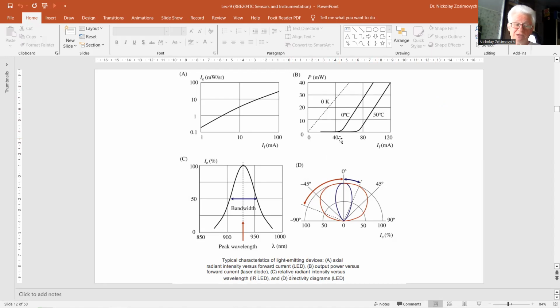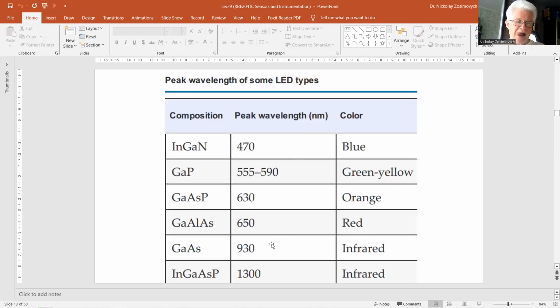Wavelengths: a typical plot of the spectral emission is given in figure C. You may see it on the left bottom part of this slide. The peak wavelength is determined by the semiconductor material type, as you can see in this table. In between values are also available.